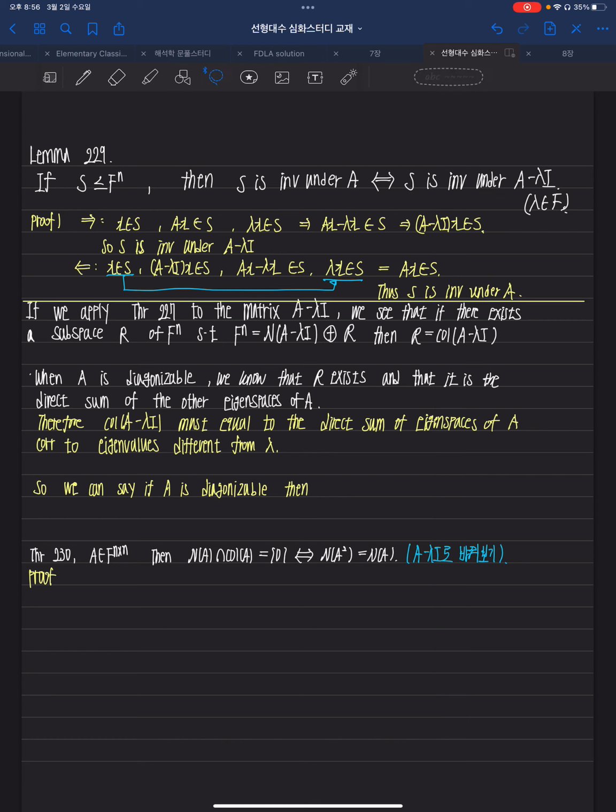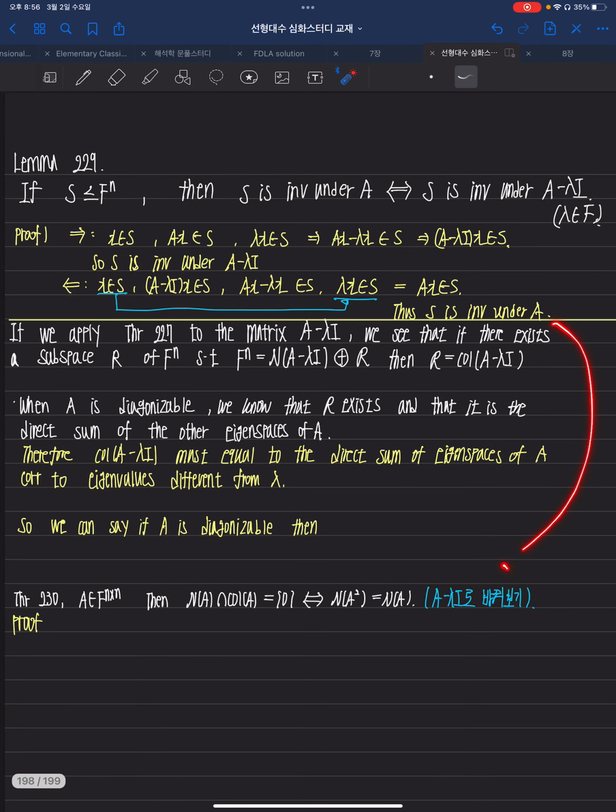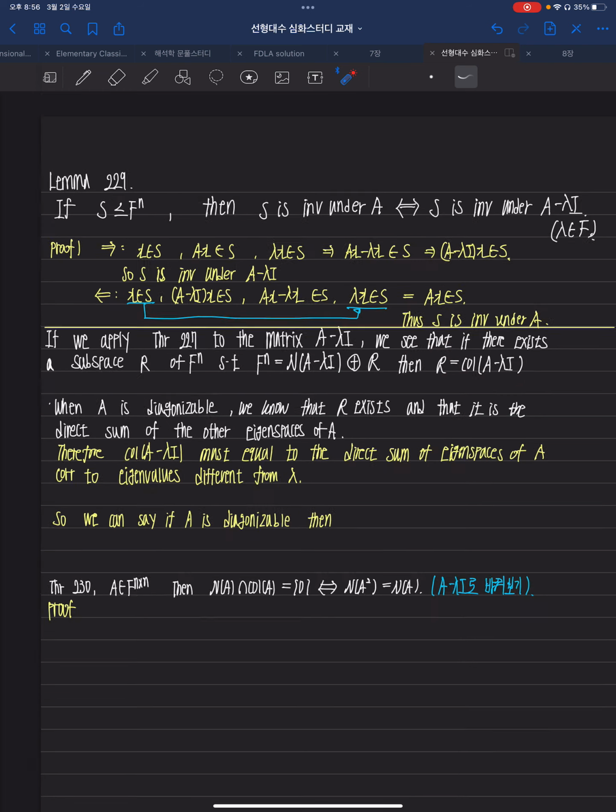Let me read slowly. Next, a few statements. If we apply the theorem to the matrix A minus lambda I, we see that if there exists a subspace R of Fn such that Fn is the direct sum of the null space of A minus lambda I and R, then R must be the column space of A minus lambda I. Okay, why?